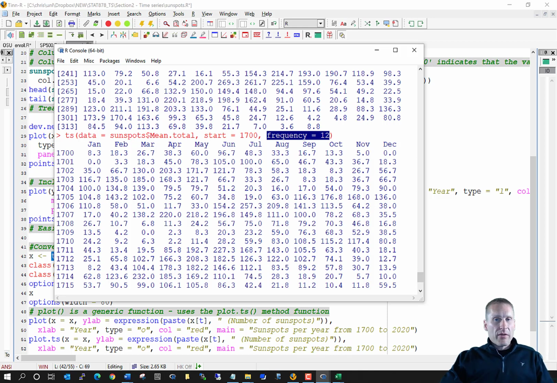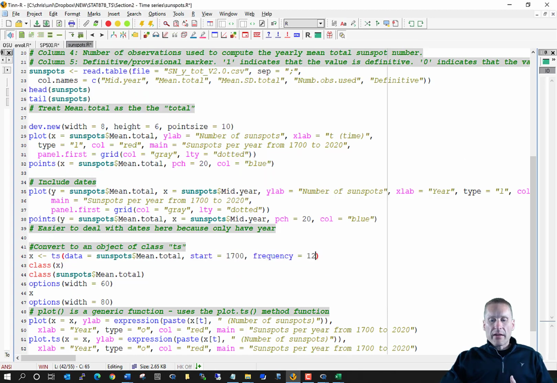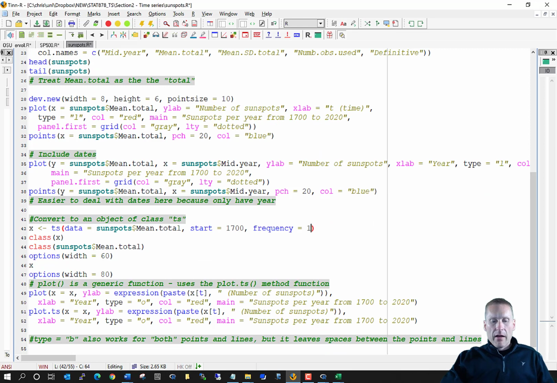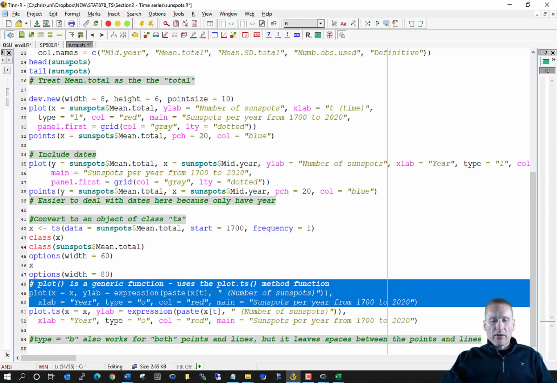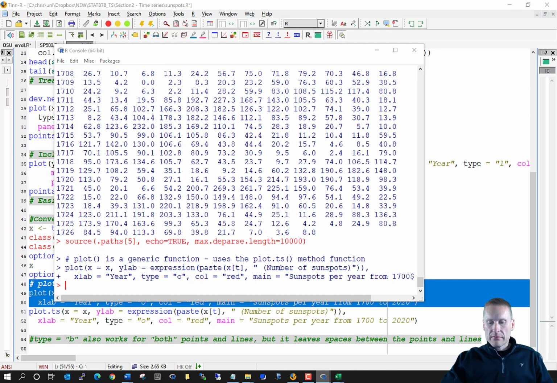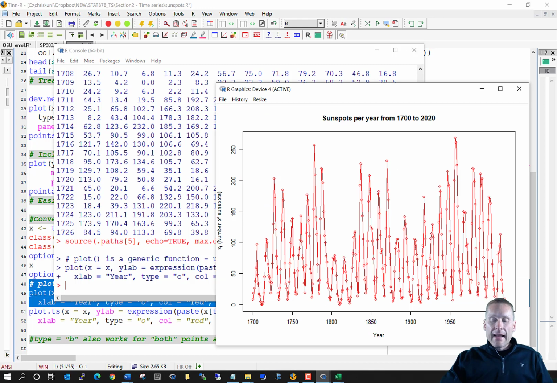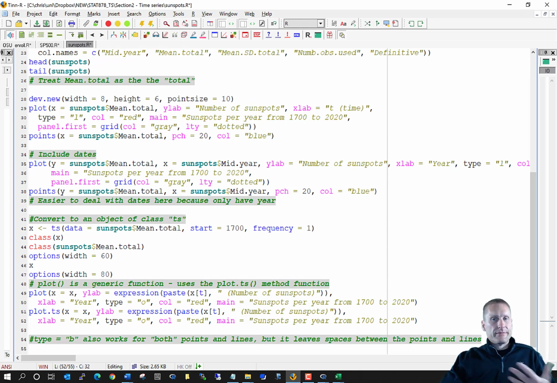And so this can be a very useful thing to format your data into a particular format that you want. And then if I want to actually do a plot of the data, suppose I just work with that x argument itself. Now here's my plot with the corresponding years as well.